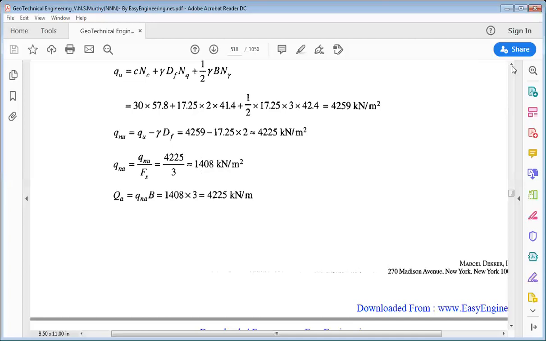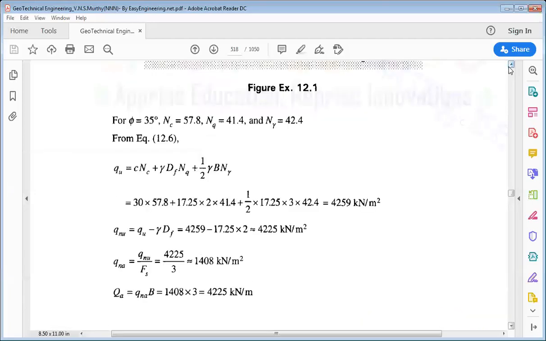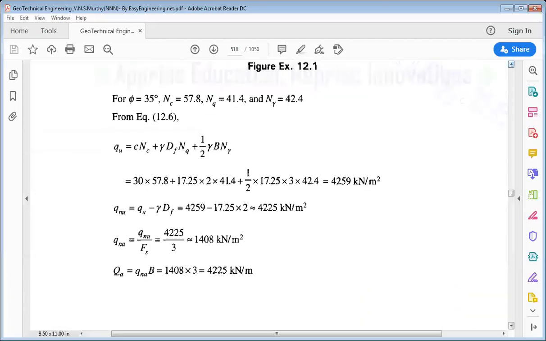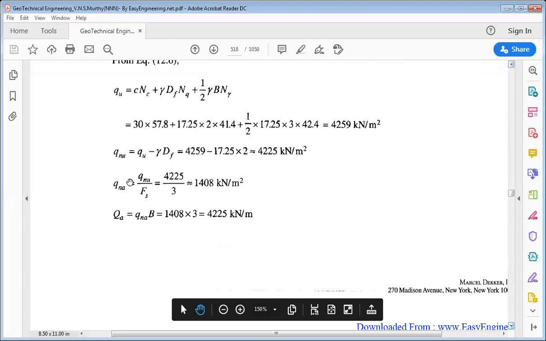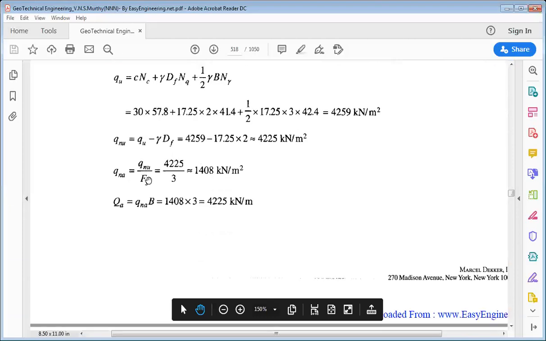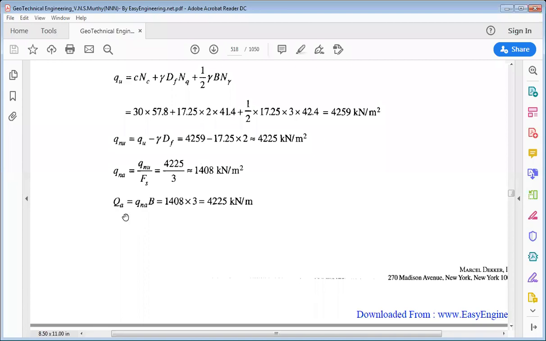And it is also asked what is the load per unit meter. So the net allowable bearing pressure is the pressure, that is the load per unit area. Now we have to find out the load per unit length.